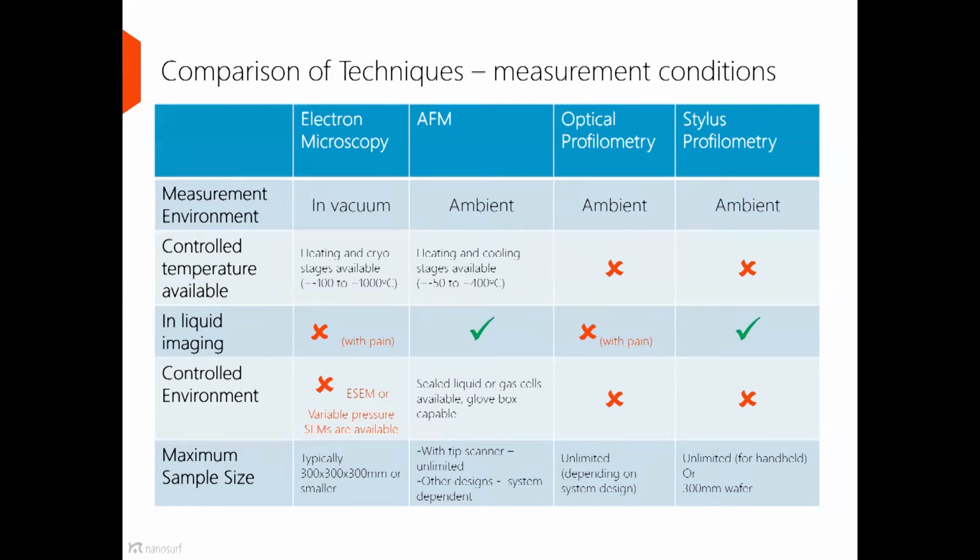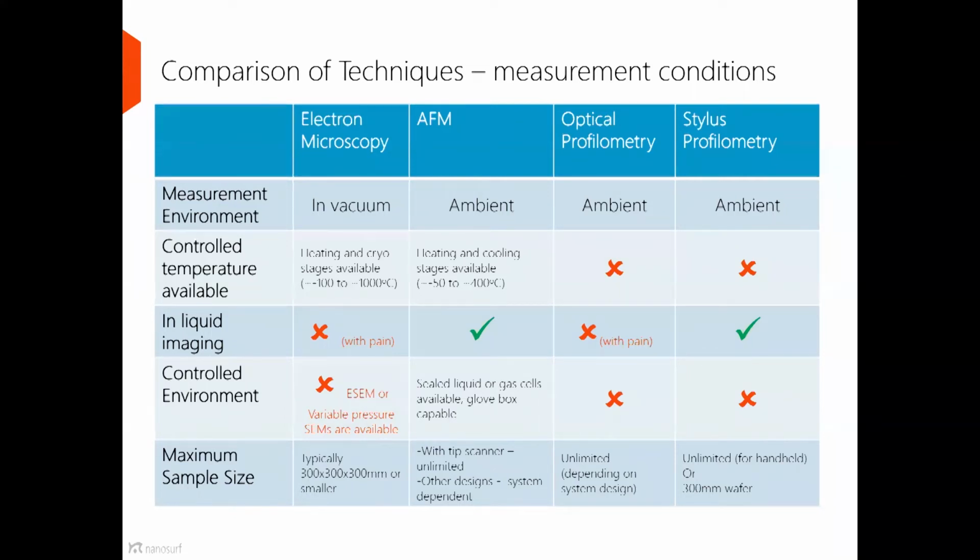Do we have the ability to potentially control the temperature? I would argue that yes. In the electron microscope, it's not uncommon to have heating and cryo stages available. And because it's in vacuum and you don't necessarily have to worry about damaging your components by heating it up, because you don't have that convection in the vacuum, you can actually heat to relatively high or cool to relatively low temperatures.